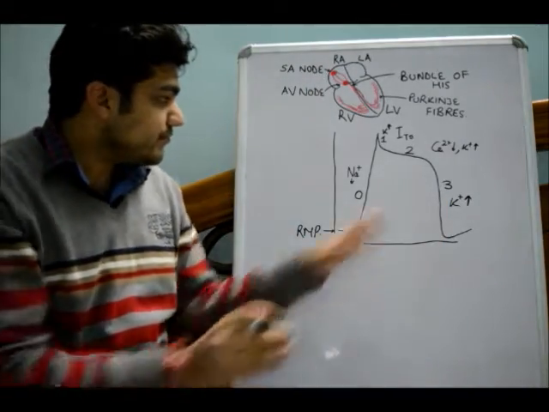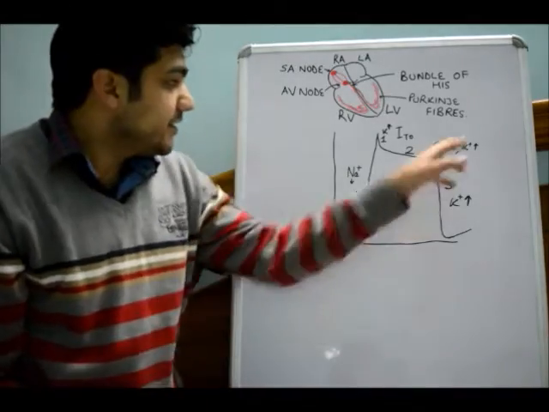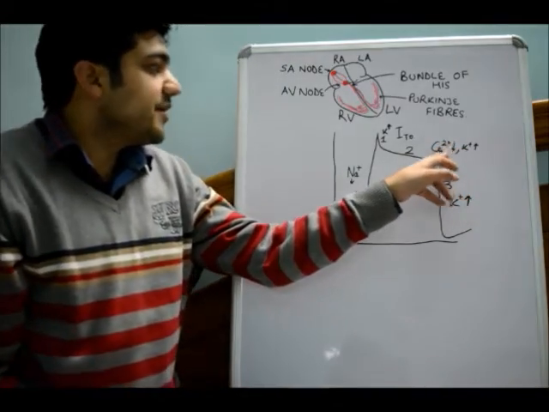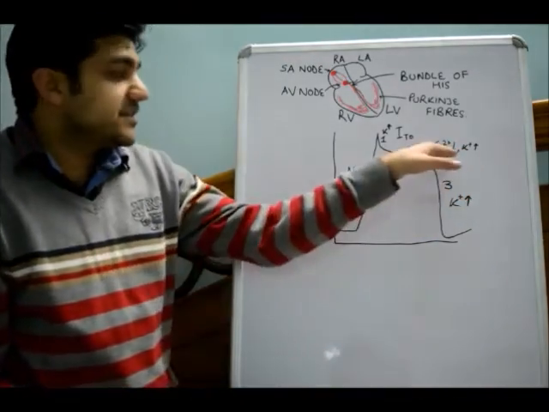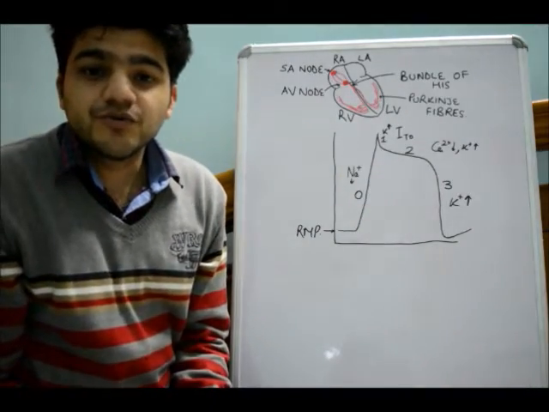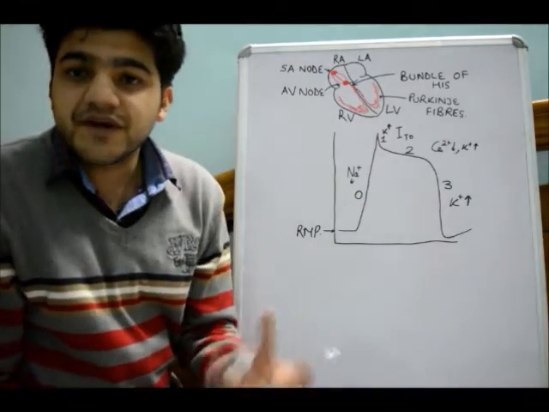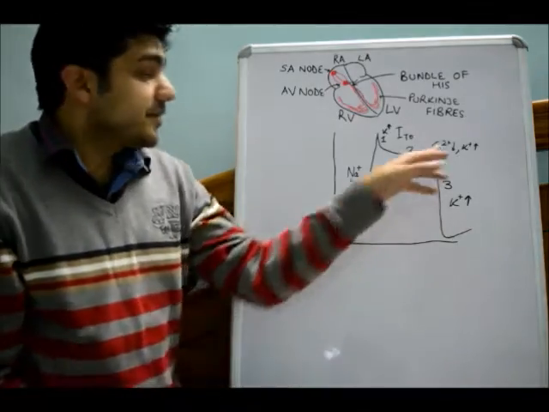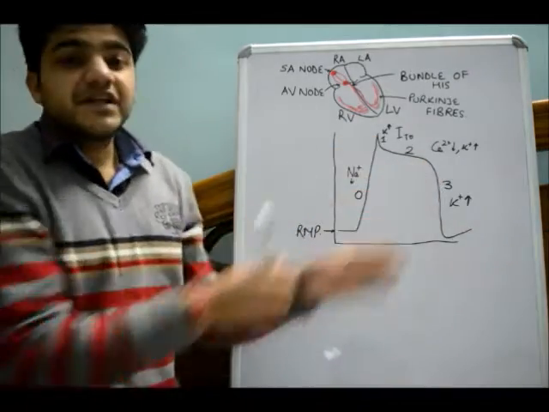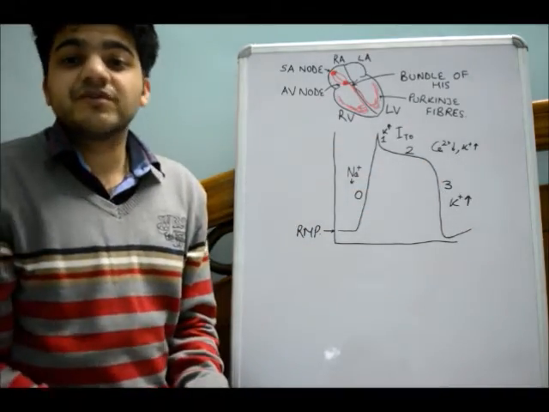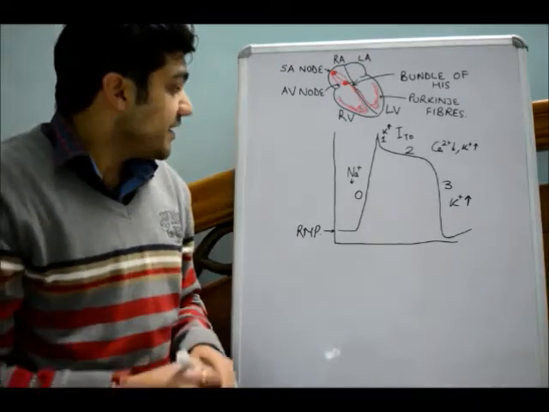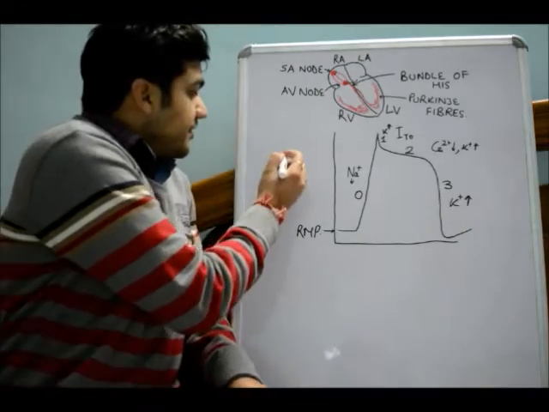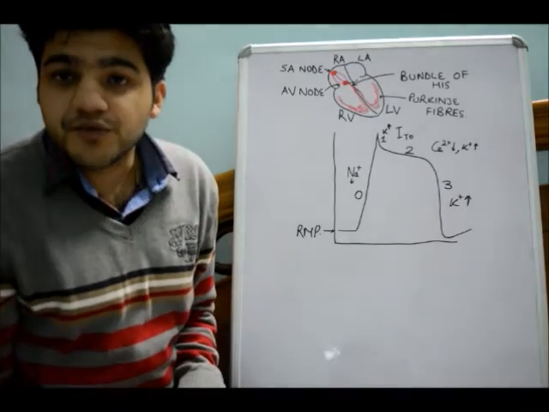Now, there is one very important role played by this calcium. When this calcium enters into the cell, it also contributes to contraction of the myocyte. But it is not only this calcium which is responsible, there is also some intracellular store of calcium, and that store is in the sarcoplasmic reticulum.